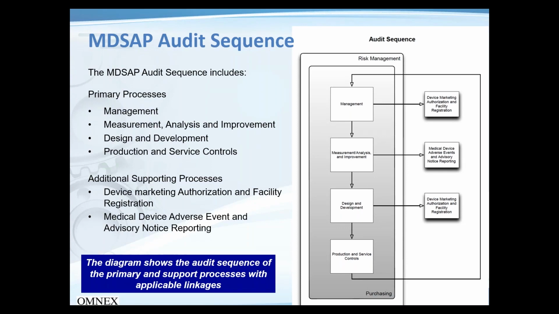Medical device adverse events: are there adverse events? Are they effectively handled? Are they reported according to the requirements of each country's adverse event reporting requirements, not just one general thing? And once we understand those things, we take a look at the design and development.